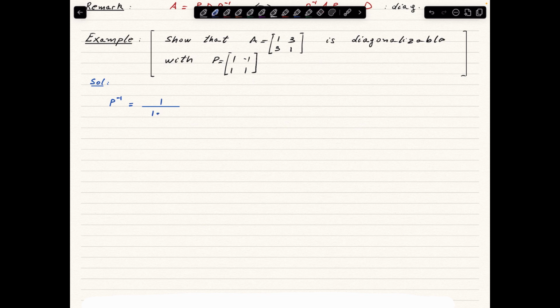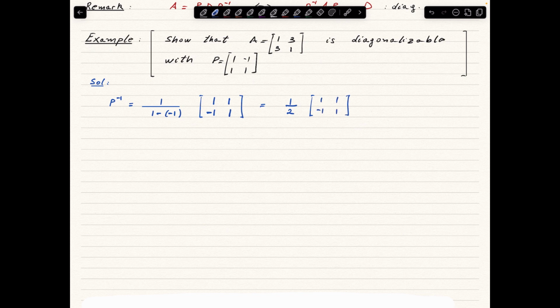So let's write it like this, 1/2. And then we need to switch the diagonal elements, which is nothing happens, and then switch the sign on the other coefficients, and here it is, 1/2, 1, negative 1, 1, 1.